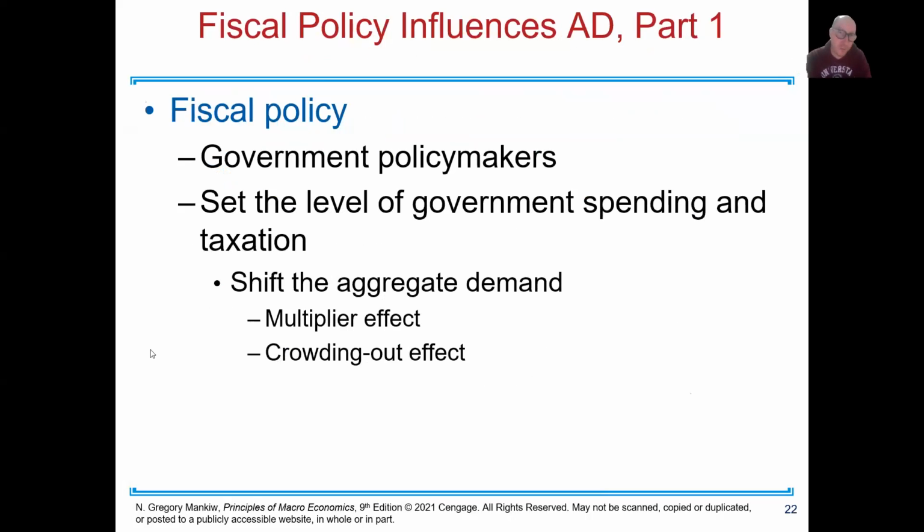So adjustments in fiscal policy happen when government policymakers get together and set the level of government spending and taxation. This, of course, has an effect on aggregate demand, through what are known as the multiplier effect and the crowding out effect.